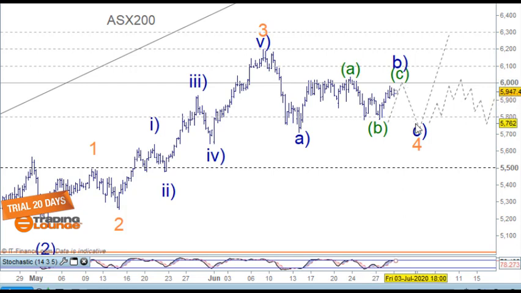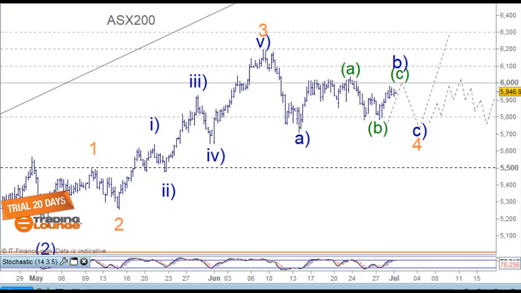So we can't trade stock. I'm talking banks and resources. They've pretty much both got the same pattern, actually. So we can't really trade them unless we are back down here and we've finished this correction, then we can move into stock. Or if we get support on this level here at 6,000, then we can trade stock.